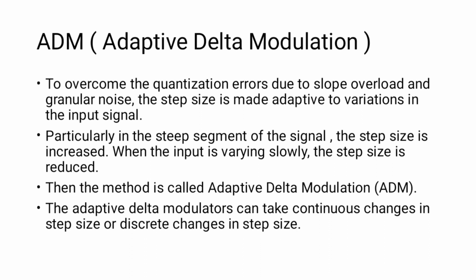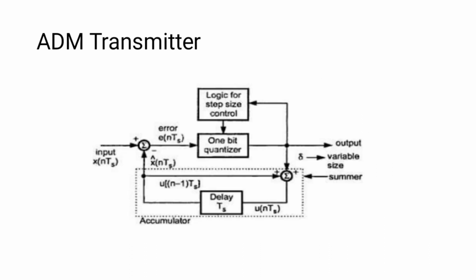The adaptive delta modulator can take continuous changes in step size or discrete changes in step size. Both are possible. The same thing you have seen in the delta modulator, only one logic has to be included, the logic for step size control. That is the only change we made from the delta modulator.